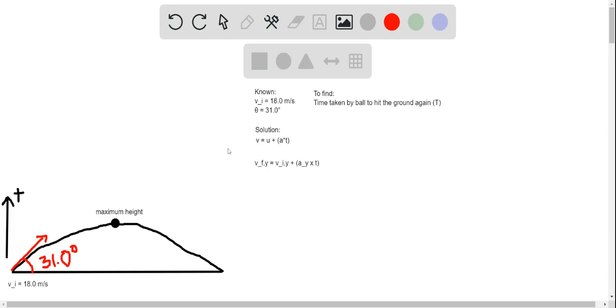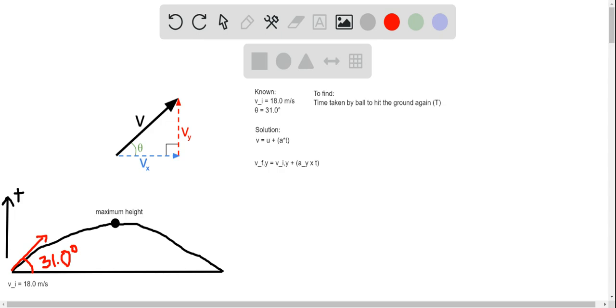Okay, so here's a diagram to help you understand what I mean by the vertical component of the velocity vector. Whenever you have a velocity vector at an angle, it'll have a horizontal component and a vertical component.